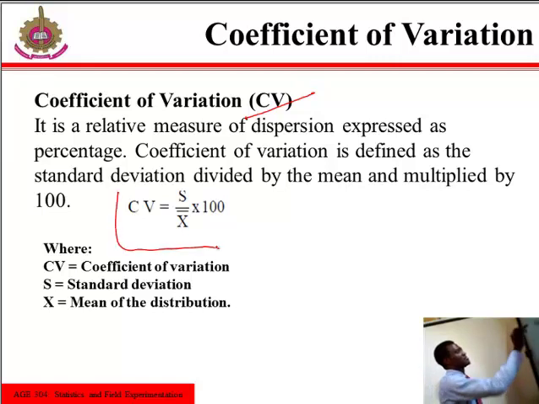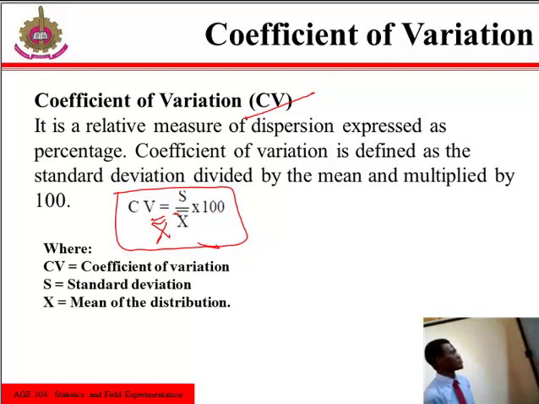Mathematically, CV equals S divided by X bar multiplied by 100, where CV is the coefficient of variation, S is the standard deviation, and X bar is the mean of the distribution.